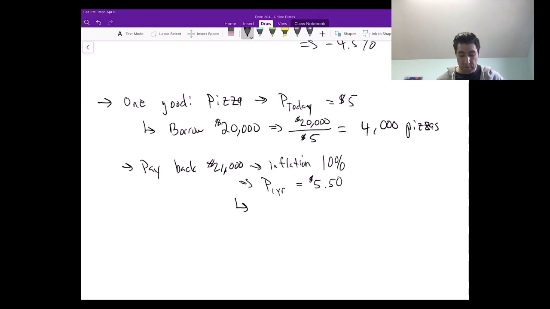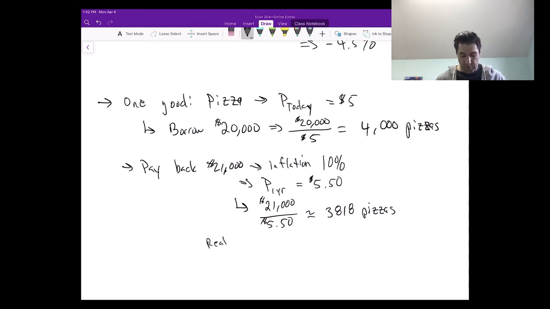And so what I'm concerned with is how many pizzas am I giving up by paying back the 21,000? What I need to do is figure out how many pizzas that is. What's 21,000 over 5.50? And if we round that, that turns out to be 3,818 pizzas that I'm giving up in the future in order to get 4,000 pizzas today, hence that negative real interest rate. The nominal interest rate is a positive 5%, but I only give up 3,818 pizzas to get 4,000 pizzas.